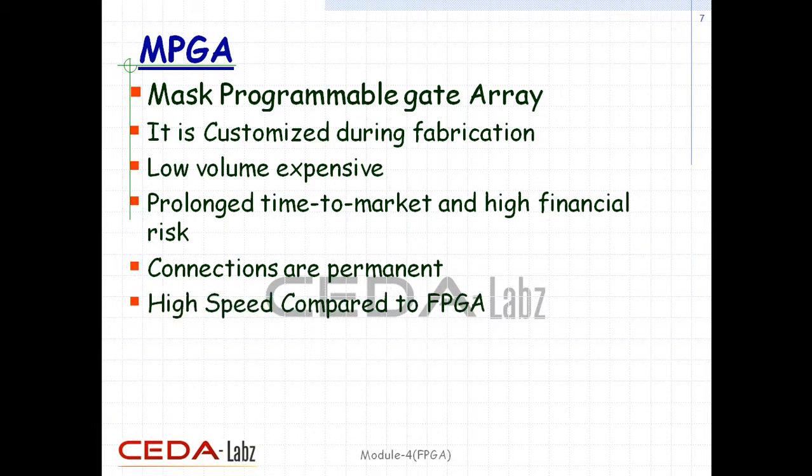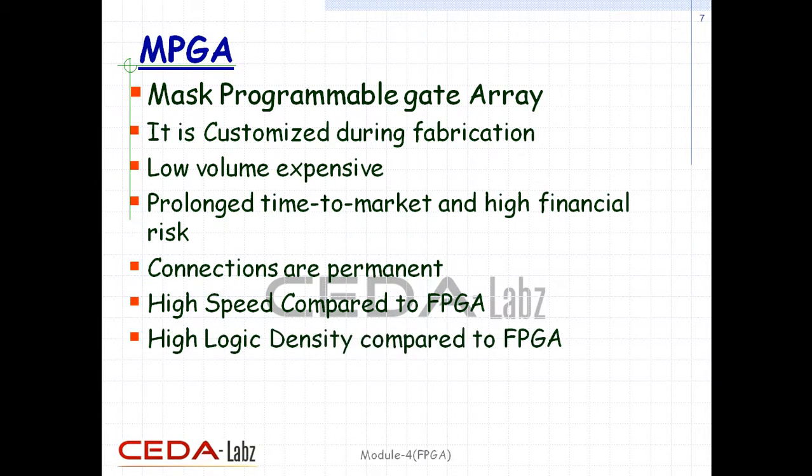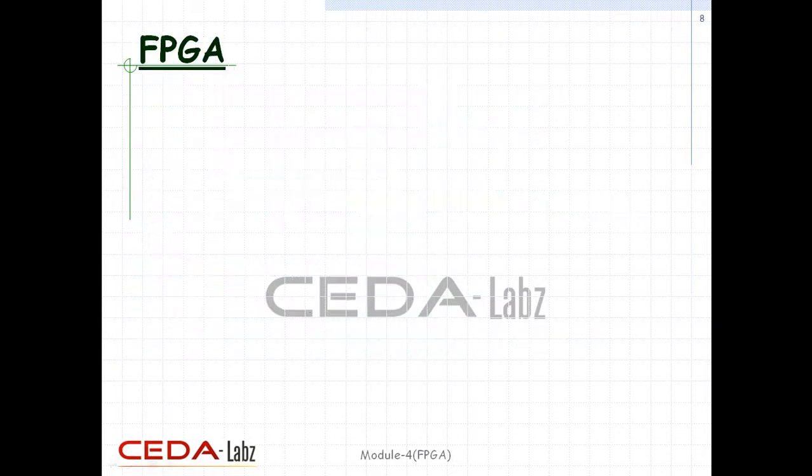So, the speed of MPGA is always high compared to FPGA. In terms of logic density, MPGA is also always high compared to FPGA, because MPGA does not contain any unwanted gates.